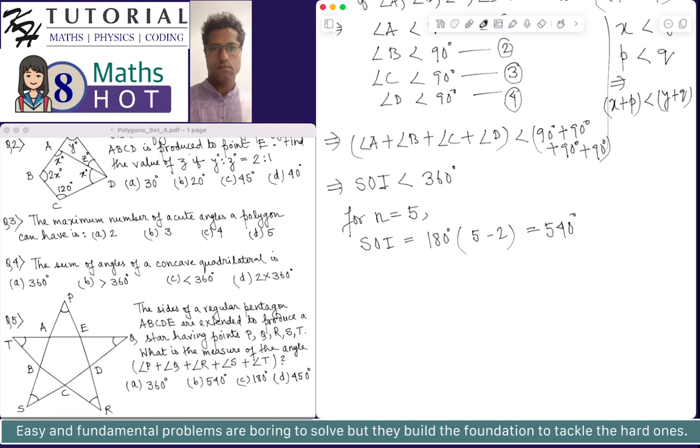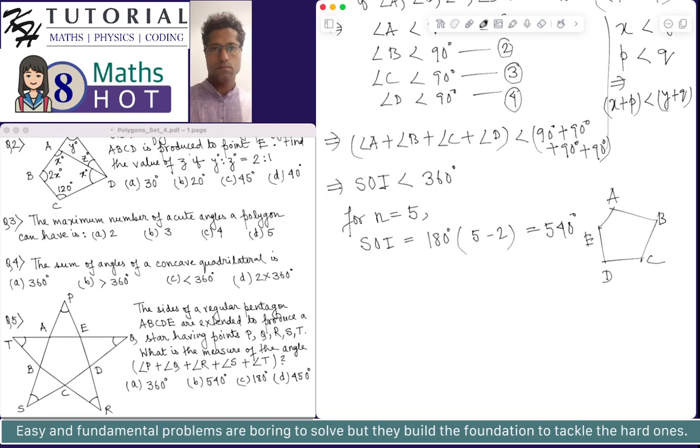Okay. Now, we are considering a polygon with number of sides n equals 5, and we are trying to see if this polygon can have more than 3 interior angles which are acute. So n equals 5 means this is a pentagon. Let's say the pentagon is A, B, C, D and E. In the pentagon we have 5 interior angles.